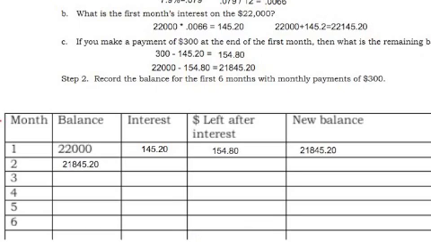My recursive routine will be U sub n equals U sub n minus 1 times something. And that something is going to be 1.0066. The 1 represents my original amount. The 0.0066 is how much the bank will charge me if I didn't make a payment.